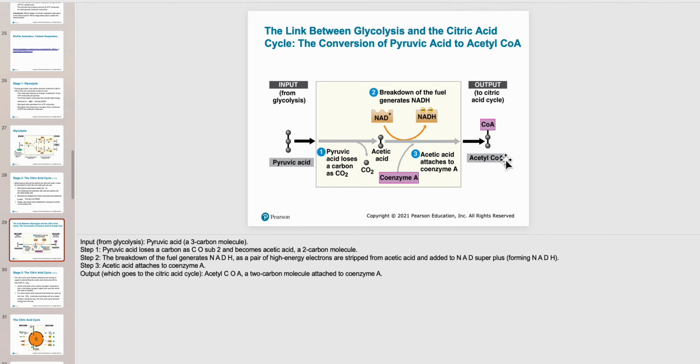Now let's do that math over here on the right. If I double every one of these things, because remember, I'm going around this cycle twice, so instead of 2 carbon dioxides, that's going to give me 4 carbon dioxides.